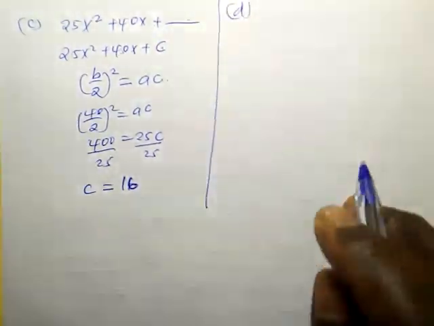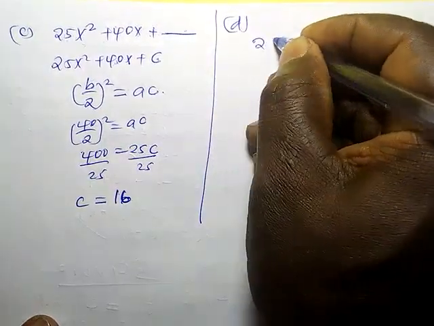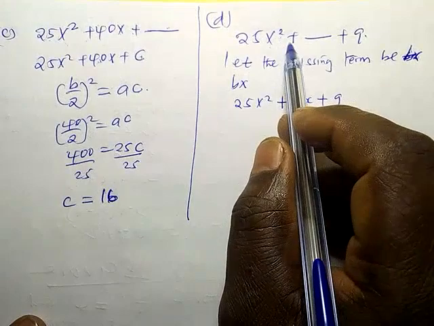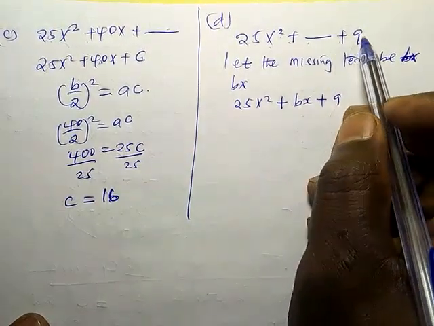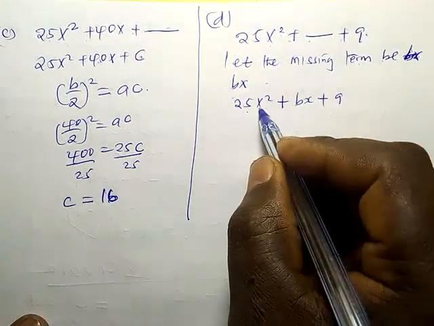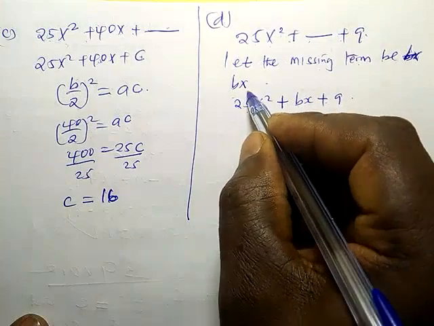D. So 25x squared plus dash plus 9. So let the missing term be bx. So 25x squared plus bx plus 9. So this is a perfect square, and we know the coefficient.